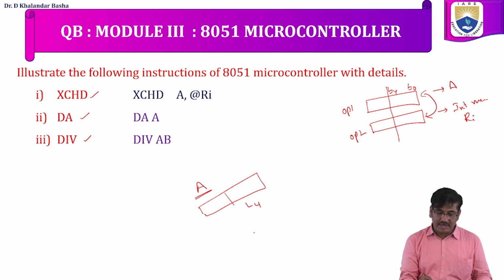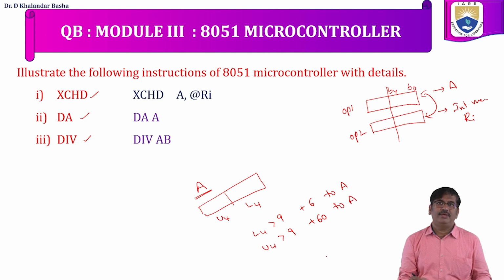If the lower 4 bits of the accumulator are greater than 9, add 6 to the accumulator. Then examine the upper 4 bits of the accumulator. If the upper 4 bits are greater than 9, we add 60 to the accumulator. By performing these two steps internally, the accumulator contents will be converted into packed BCD.